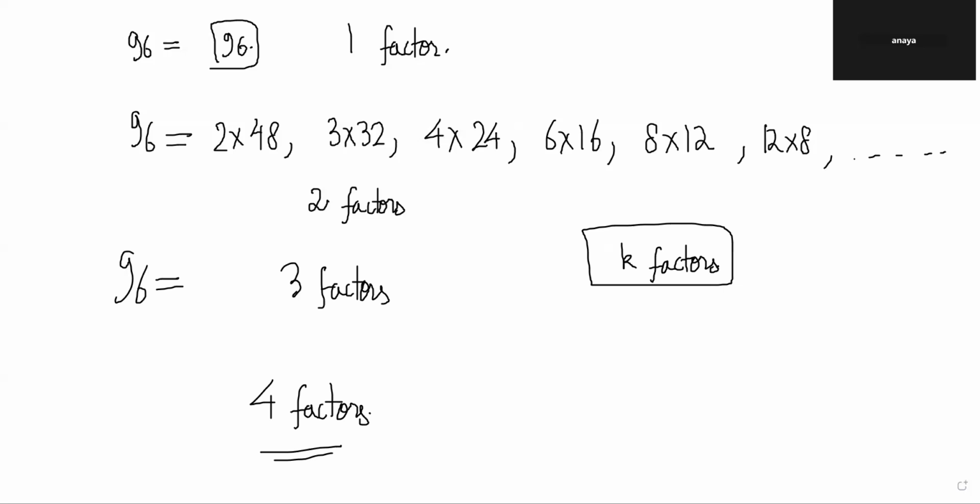Do you understand what I'm saying? Yes, I understand. You have given the 3 to one of the factors, with k choices for where the 3 goes. And then you have to figure out where the 2's will go in the remaining k minus 1 slots, right?